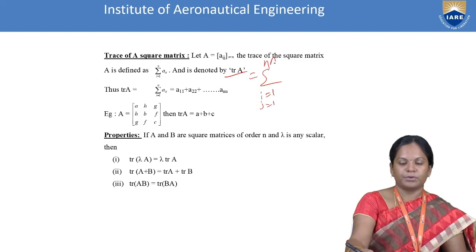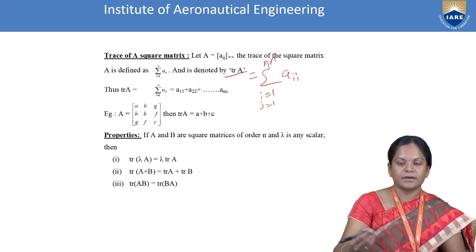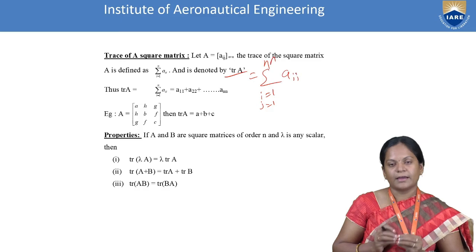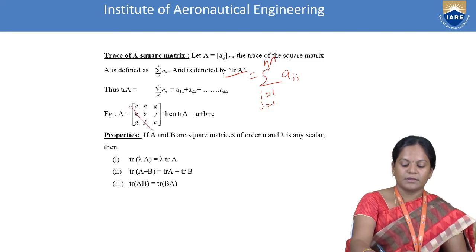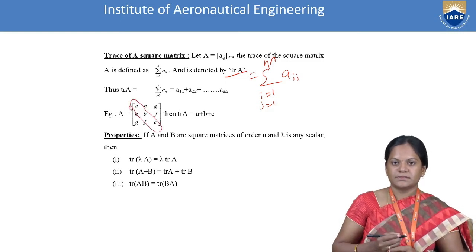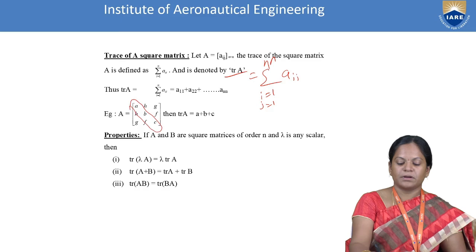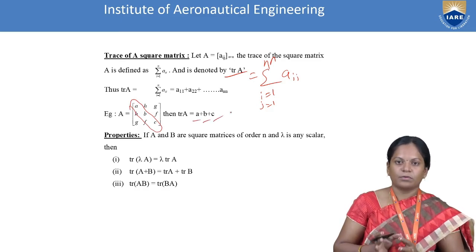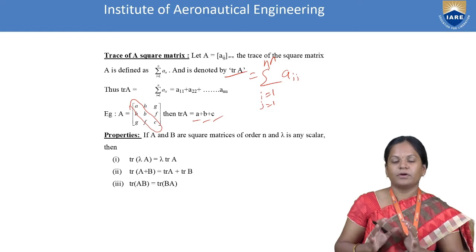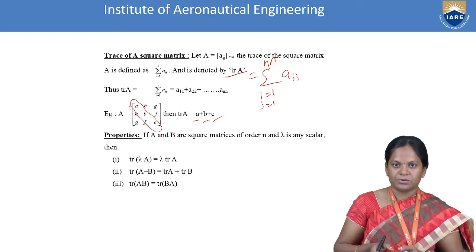What are the diagonal elements here? A, B, C. Trace of A is nothing but A plus B plus C. So take the sum of the diagonal elements for a given square matrix. Trace of A is just a number, the sum of the diagonal elements.